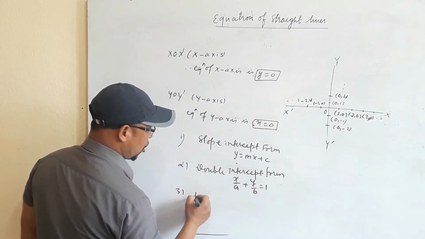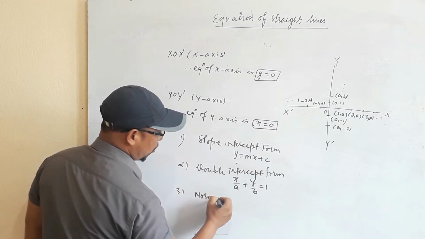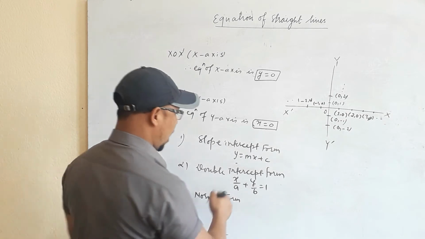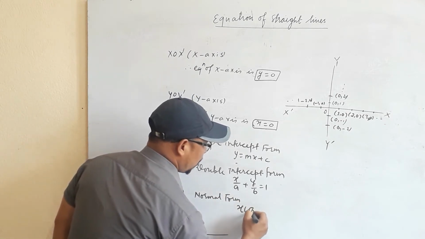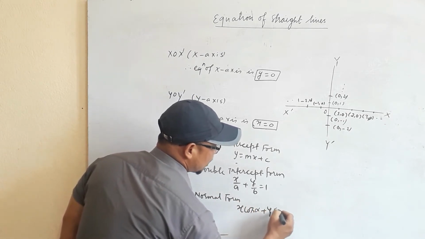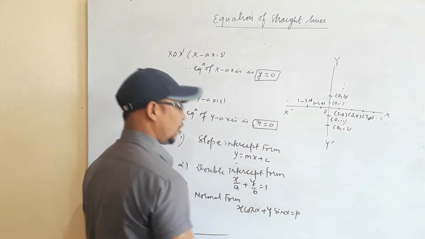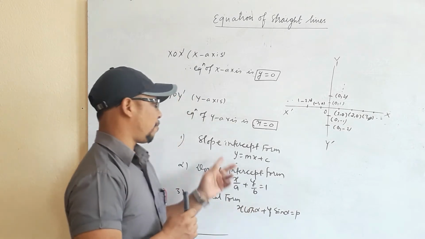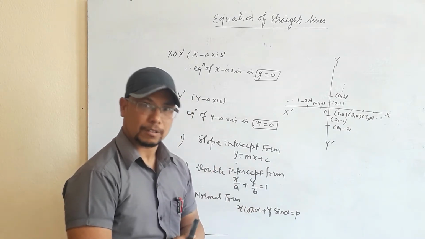And third is the normal form, also called the perpendicular form, and it is x cos alpha plus y sin alpha equals p. Okay, now these are the three standard forms of equations. Now let's derive them one by one.